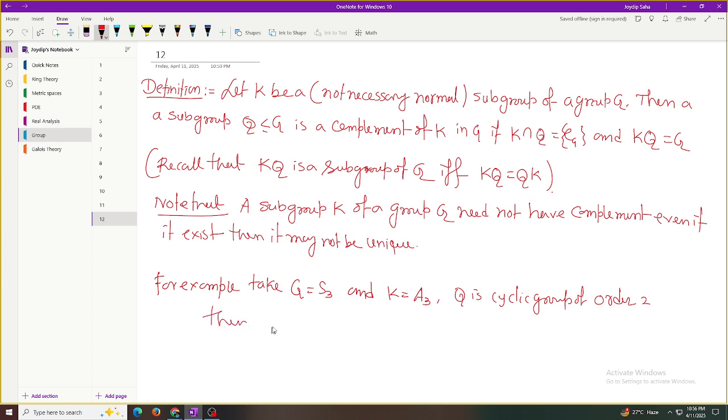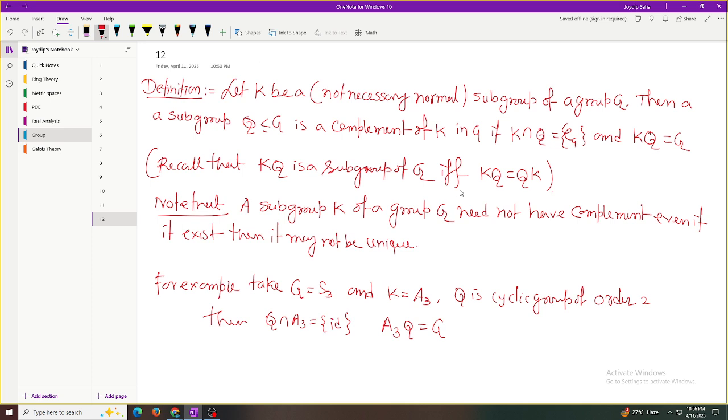Q intersection A3 is identity, because A3 consists of 3-cycles and the identity of S3. Now A3 is normal, so A3Q equals G. Because A3 is normal, A3Q is a subgroup.